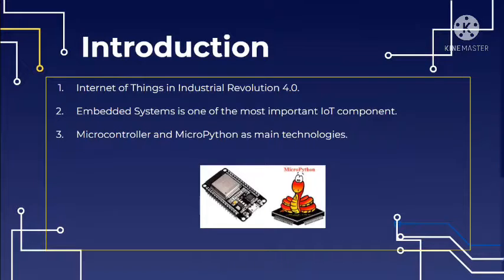IoT describes the network of physical objects embedded with sensors, software, and connectivity for varying purposes. Embedded systems are one of the most essential IoT components, in which it covers the mixture of software and hardware, such as microcontrollers. Microcontrollers are used for specific tasks by many appliances, including digital cameras and washing machines.